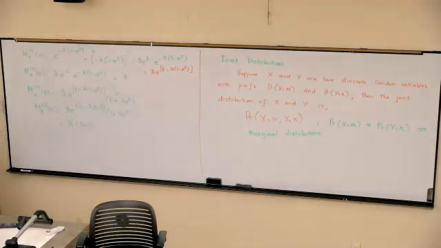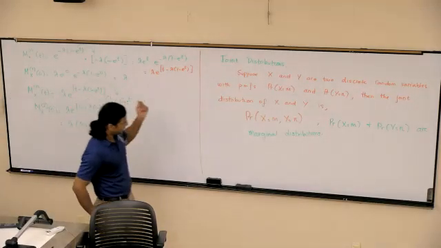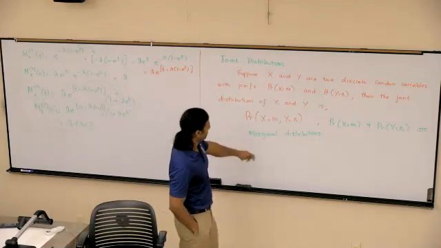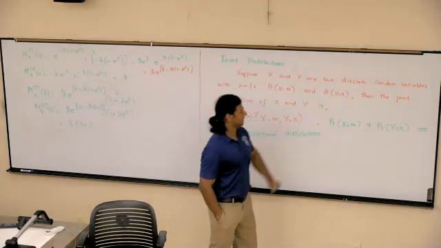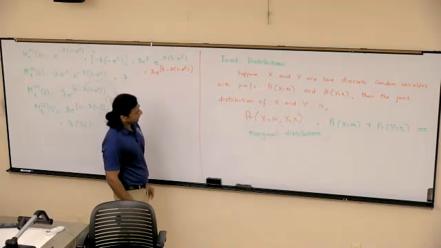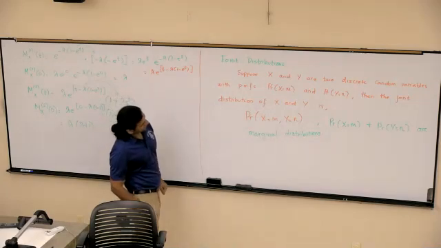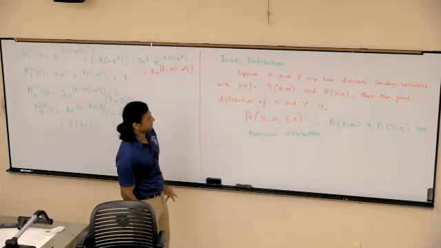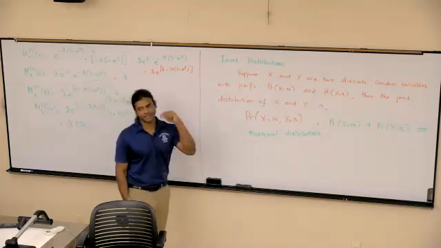Right. So we have a joint distribution. We have marginal distributions. So now we have to find a conditional distribution. How do we go from here to a conditional distribution?